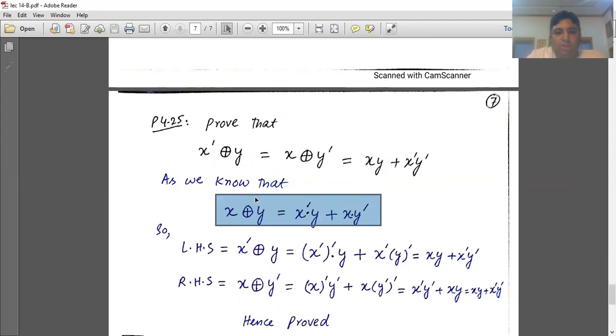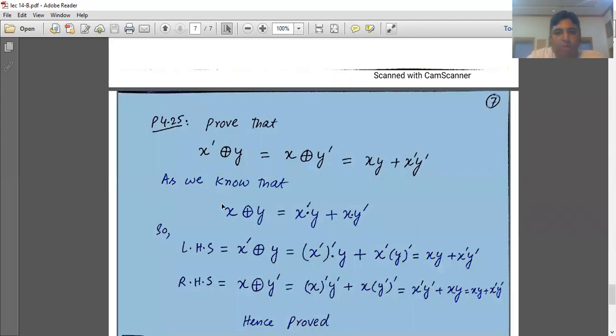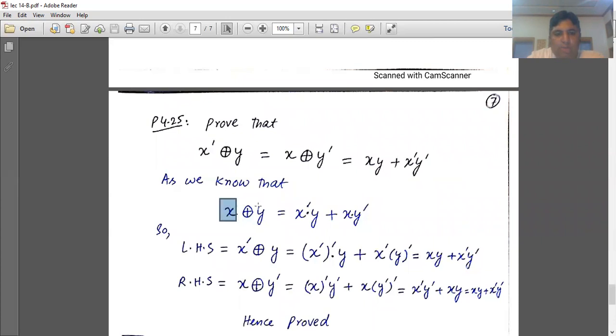So in this case, we can say that the theorem has x and y as two variables. First we will take the left hand side. In this case, our x is x bar and our y is equal to y. We will compare our two variables with this formula. In the formula we have one variable x and the other variable y, and the right hand side is x bar y plus x y bar.